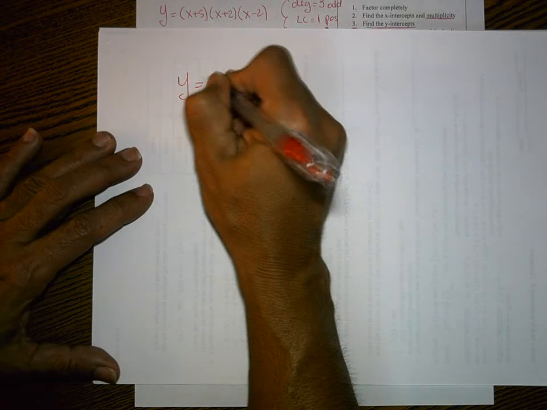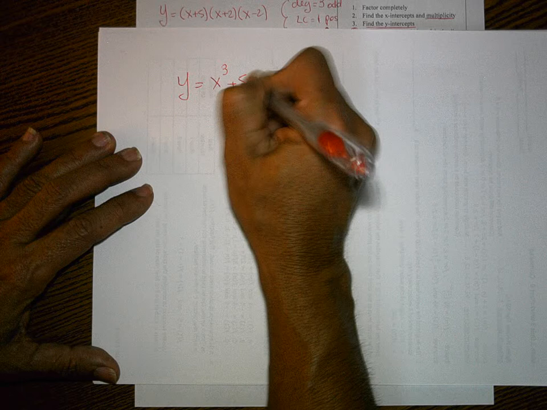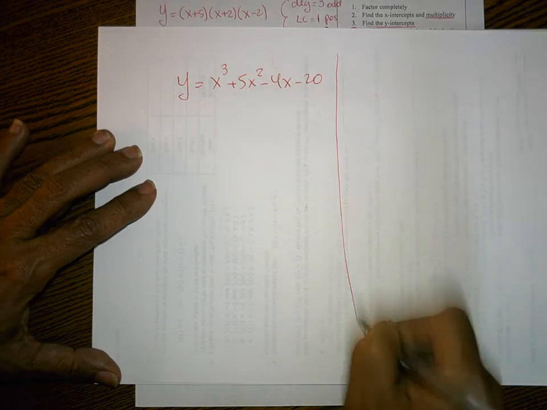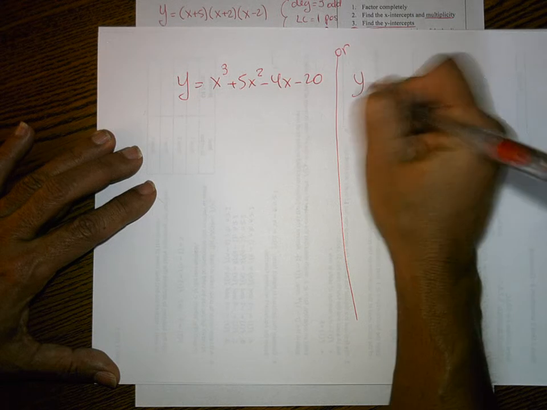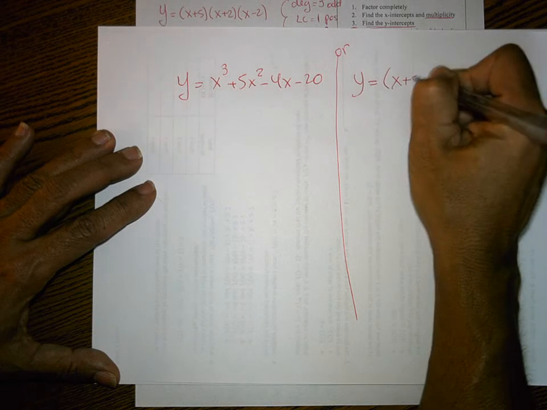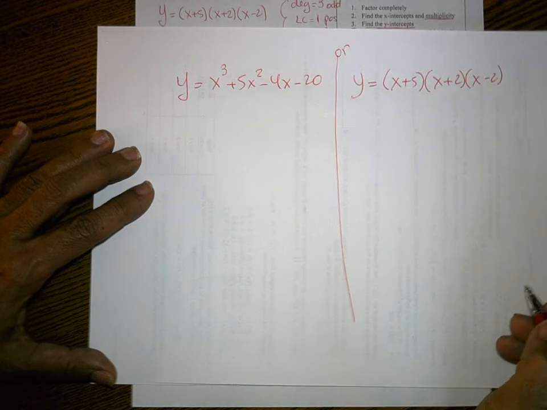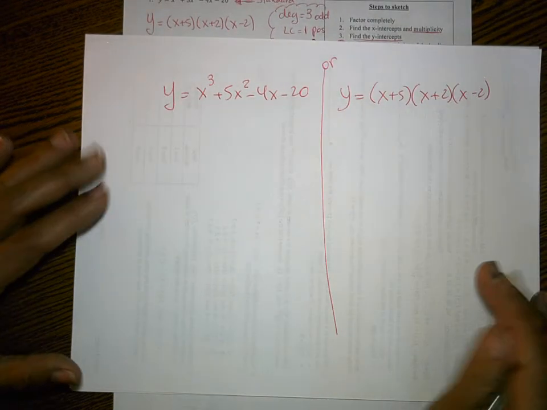One is all multiplied in, standard, and one is factored out. So y equals x cubed plus 5x squared minus 4x minus 20, or it does not matter. Y equals the quantity of x plus 5, the quantity of x plus 2, and the quantity of x minus 2. It really doesn't matter which one you want, and I'm going to show you which one is the easiest.